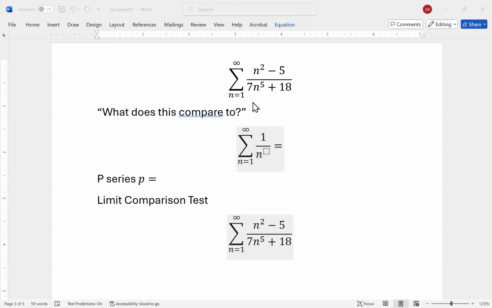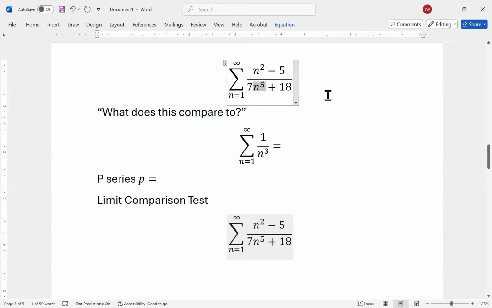In this situation, I want to compare this infinite series to the p-series where I sum up from 1 to infinity, 1 over n to the third. The reason I'm choosing that is because I have an n squared in the numerator and an n to the fifth in the denominator.